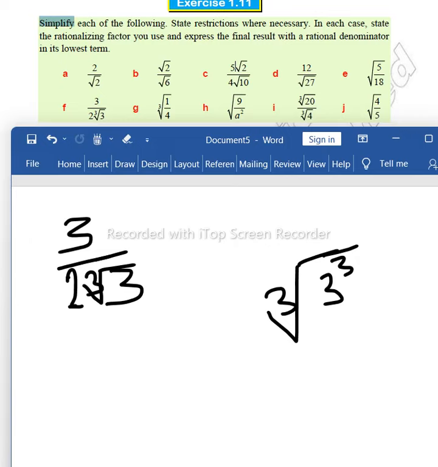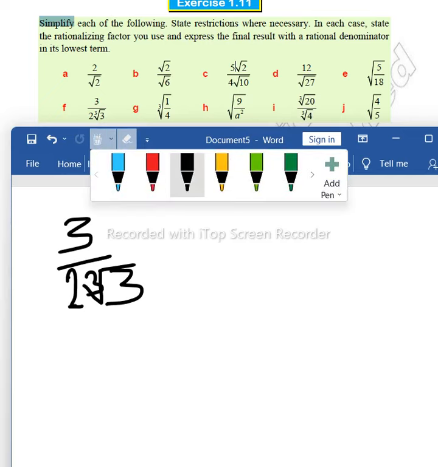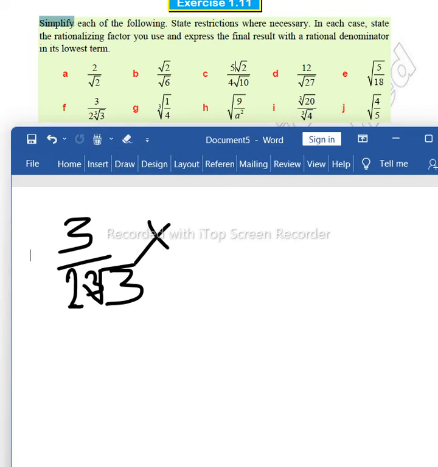So to make this like that, we have to multiply this number by the cube root of 9.